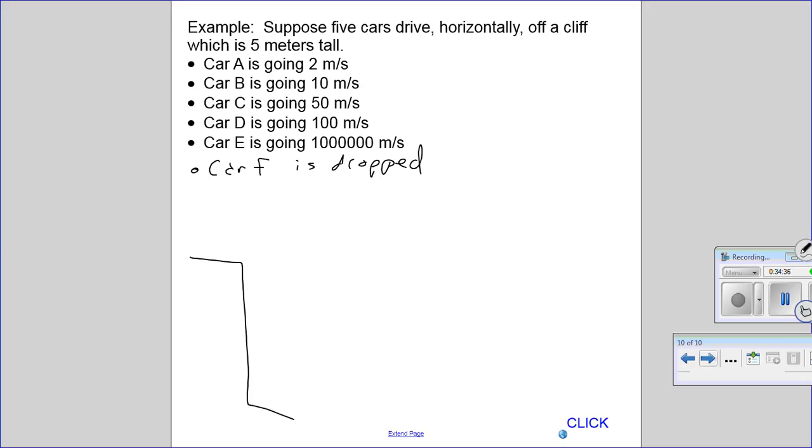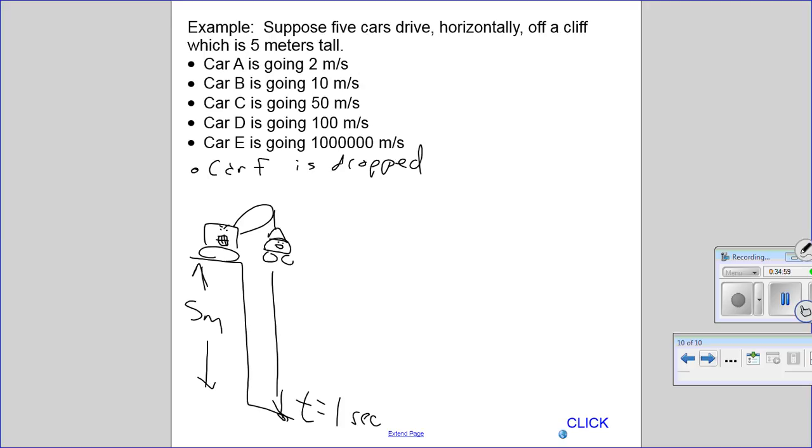All right, so here's a crane. He's mean. All right, here's the crane. He's going to drop a car. The car is going to fall. So if the cliff is, in fact, 5 meters tall, we just decided that it would take 1 second to hit the ground, right?